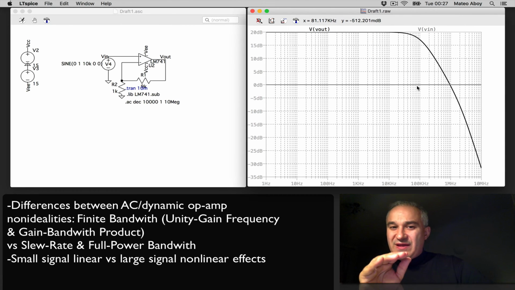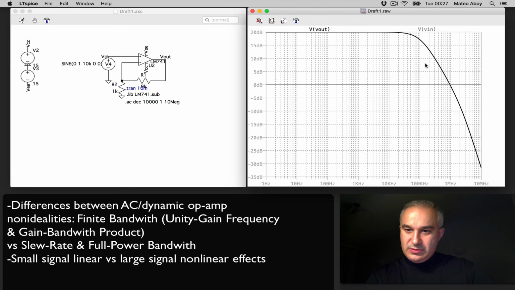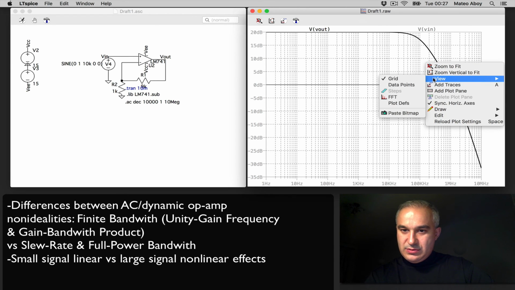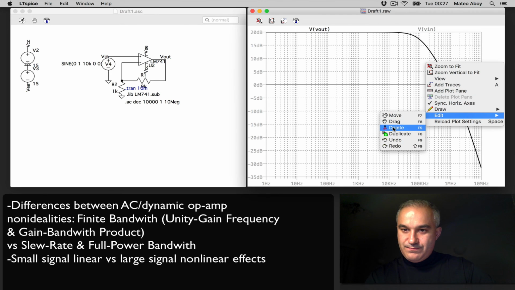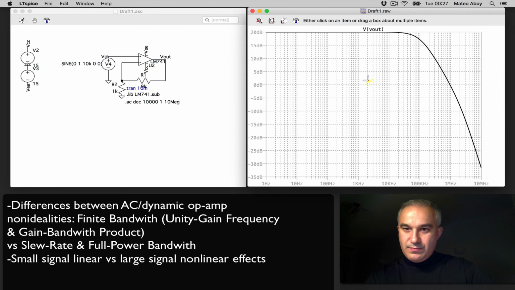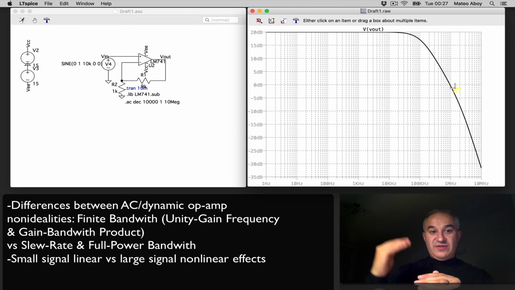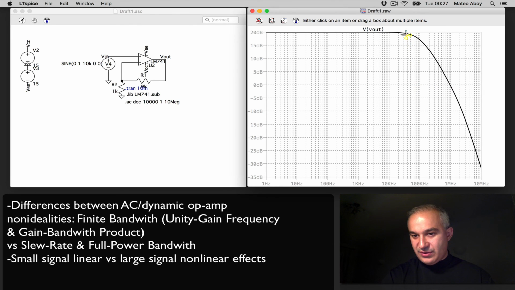Remember before when we had a gain of 1? That we had all the way to 1 megahertz? Right now, we increase the gain by a factor of 10, we have a gain of 10 or 20 dBs, and we reduce the bandwidth.